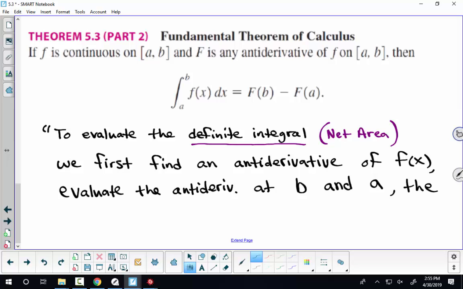Then we just subtract the results. So that's all we need to do to find the net area for any function. Find its antiderivative, plug in the upper limit, minus plug in the lower limit.